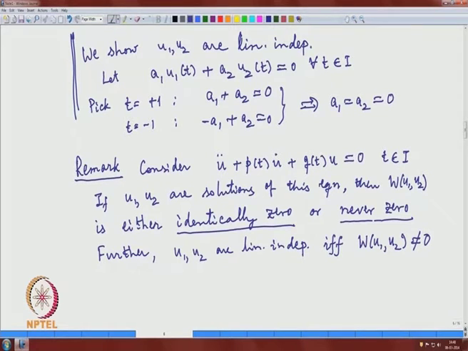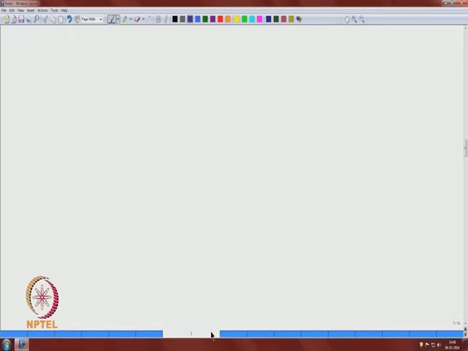Okay. So, now we move on to the calculus lemma. So, that is the next, let me state it. This is what I have in mind. We are going to need this in the study of qualitative analysis of nonlinear systems.